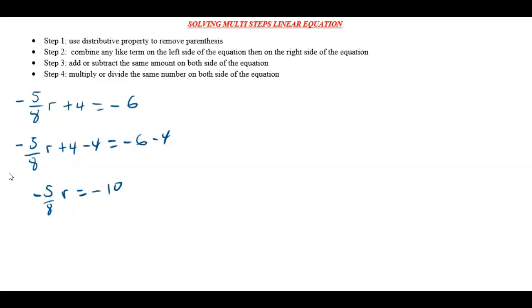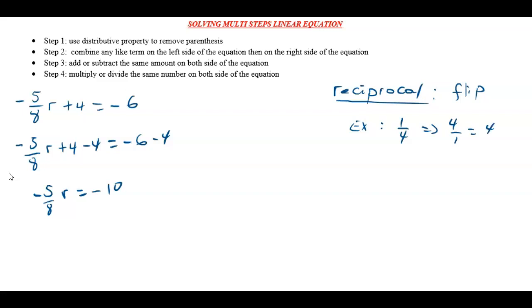So what do I mean by reciprocal? Let's go on this side. Reciprocal. That simply means flip the number. If I have, for example, a quarter, 1 over 4, the reciprocal will be 4 over 1, which is 4.